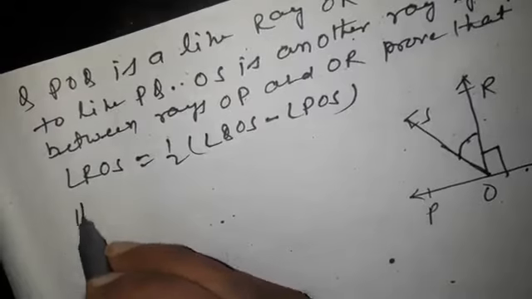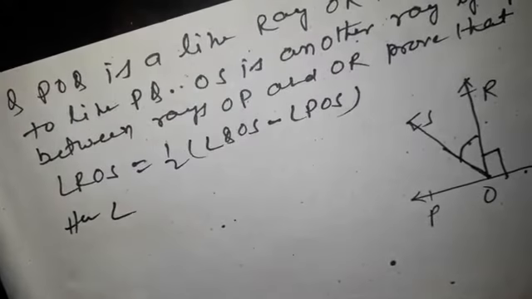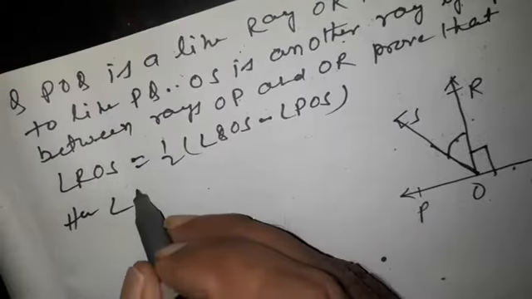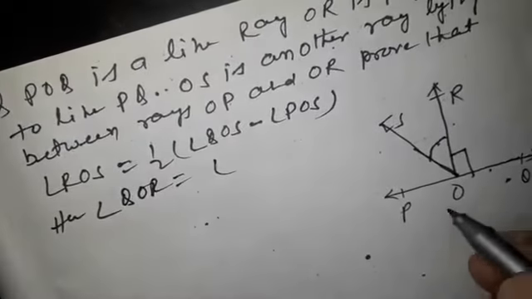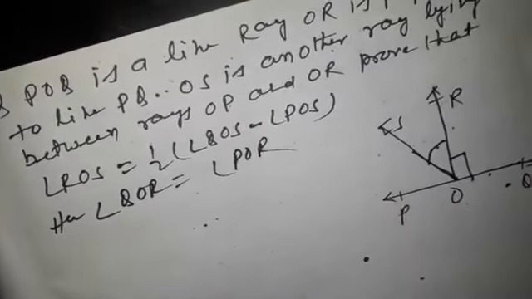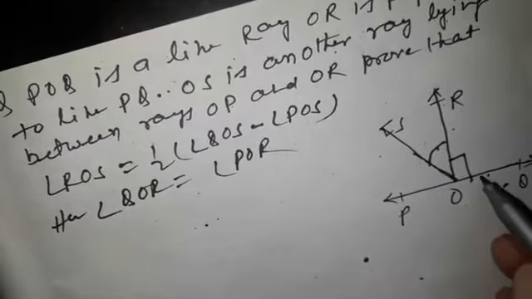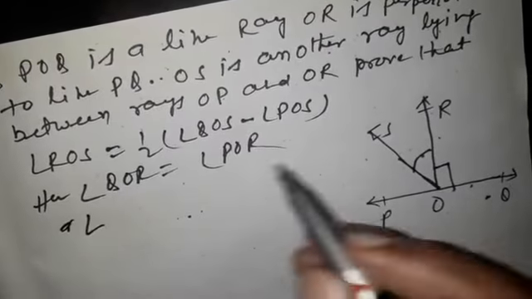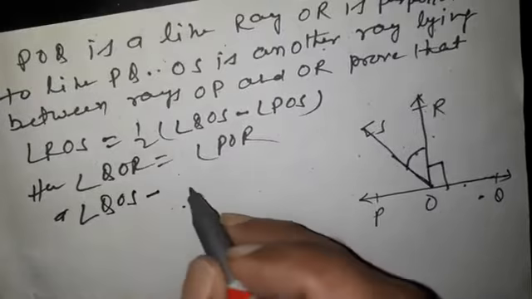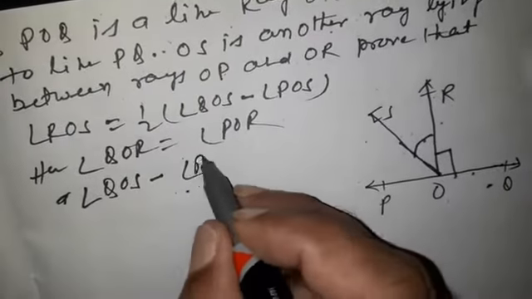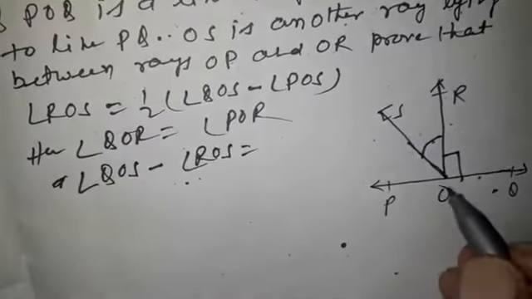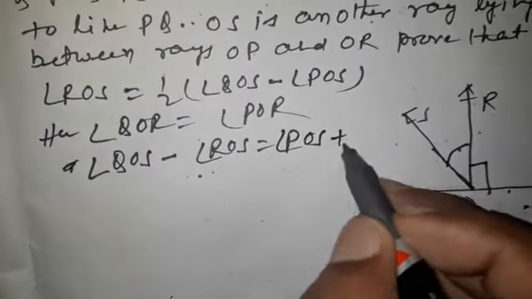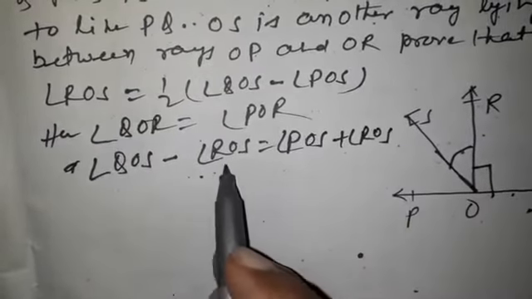Here angle QOR is equal to angle POR. Angle QOR means angle QOS minus angle ROS, and angle POR means angle POS plus angle ROS.